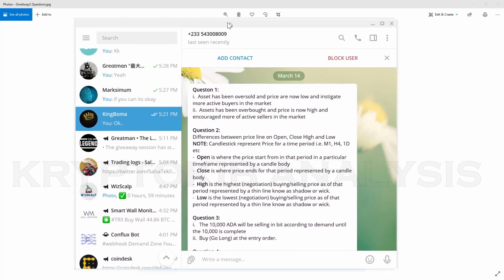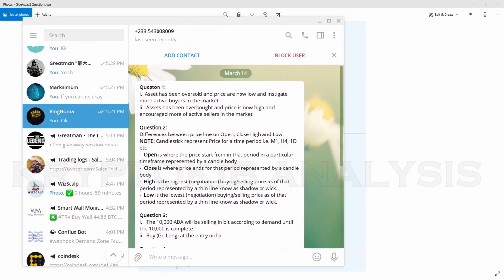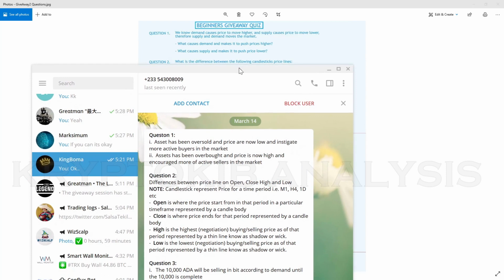Okay, so Boma said for question one: asset has been oversold and price is now low and instigates more active buyers. Then the second one: asset has been overbought and price is now high and encourages more active sellers. Let's look at that question one again.